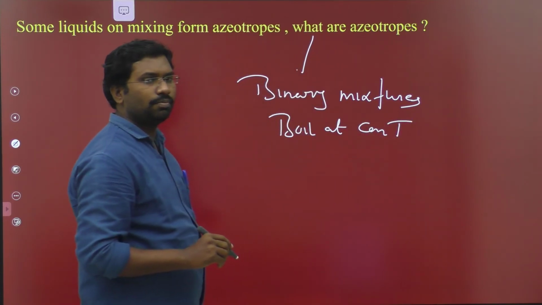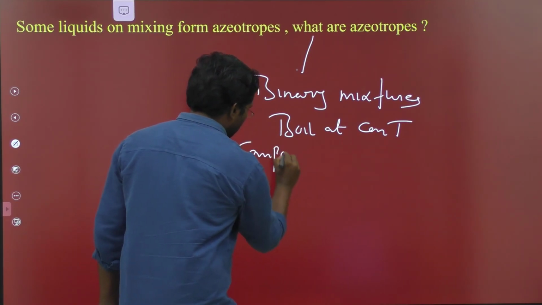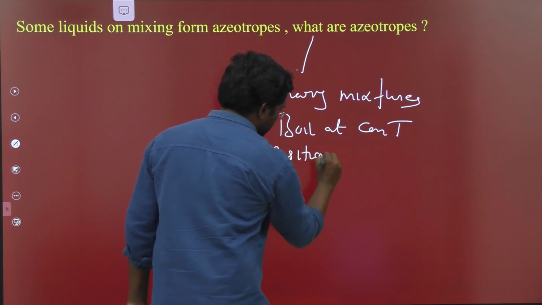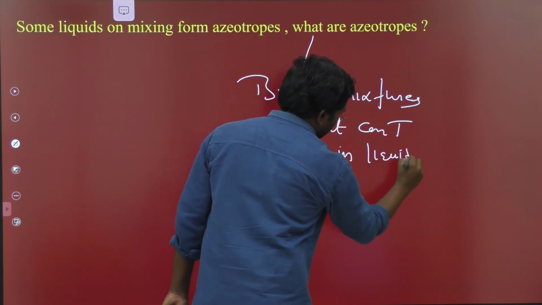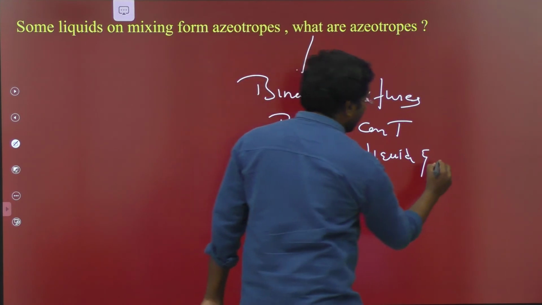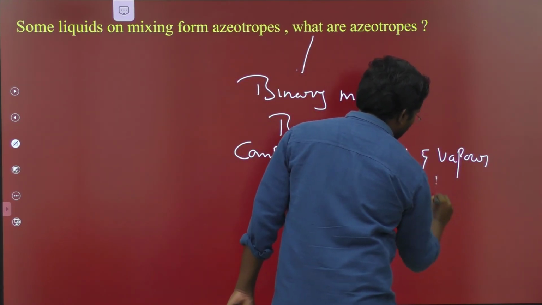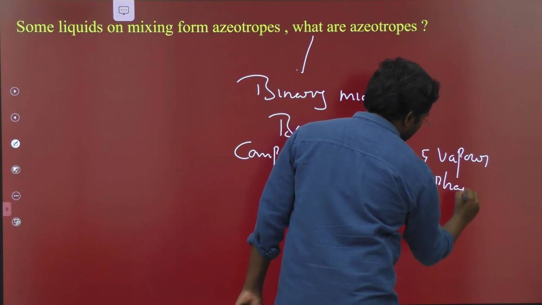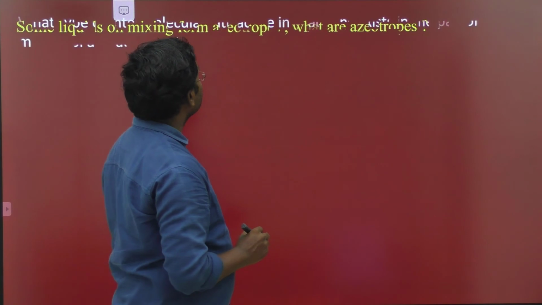They have the same composition in liquid and vapor phase. This is the exact definition of an azeotrope.